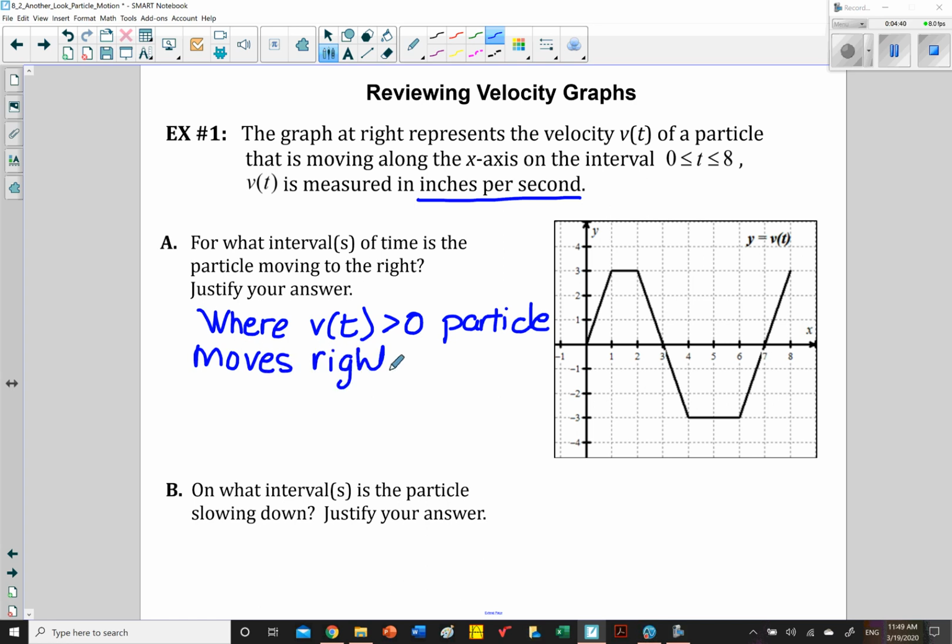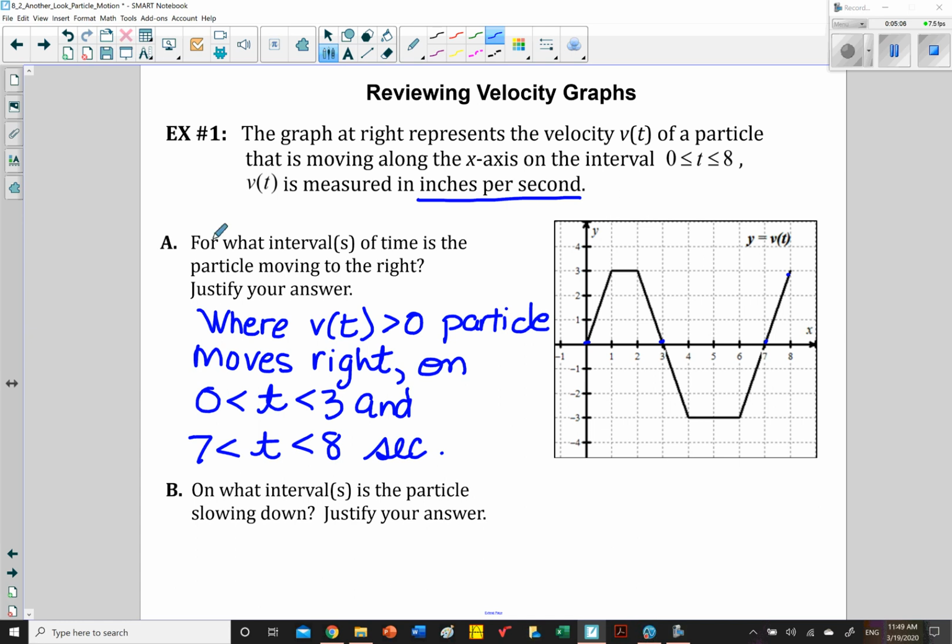So where does that occur? Where the velocity is positive, from 0 to 3 and from 7 to 8. So this would be on 0 to 3 and 7 to 8 seconds, our units.